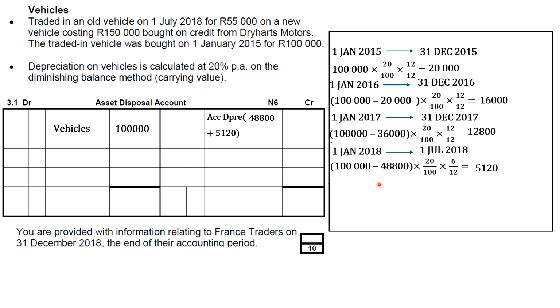So now that we've recorded this, we record our selling price on the credit side. We are told that our vehicle was traded in. That means our details is going to be creditors control. Also, please add this up. It's going to give you this amount. Then you get your creditors control, which is 55,000, as we were told here.